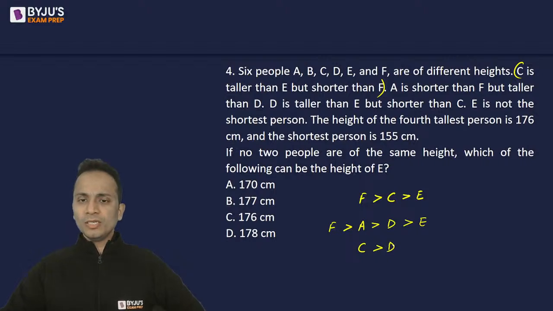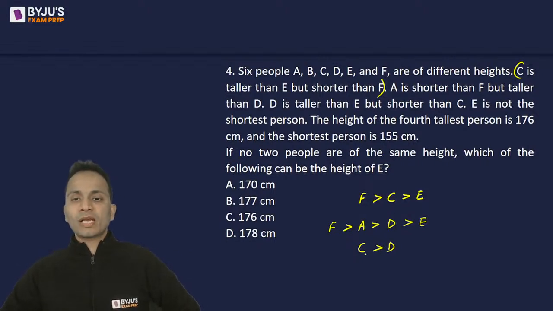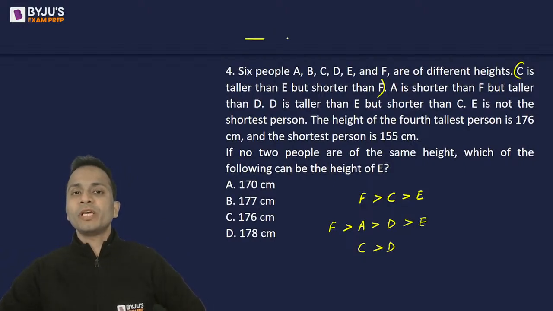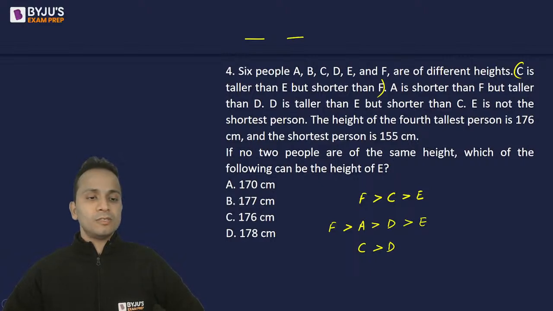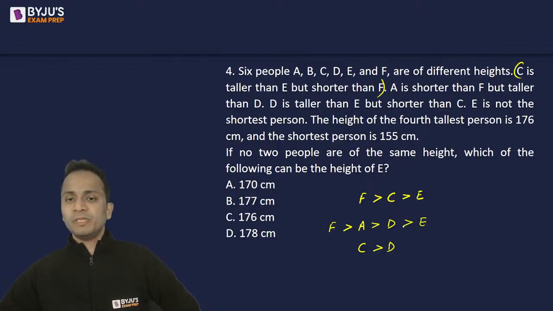So I can say that D will come between C and E. If I merge all these statements and place them according to their heights, I can say that among these people, E will be the shortest.